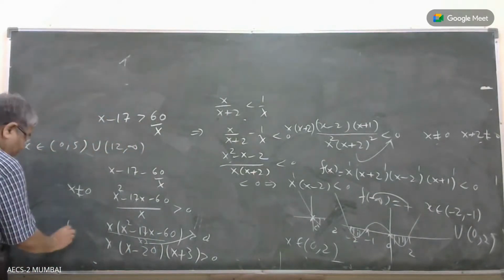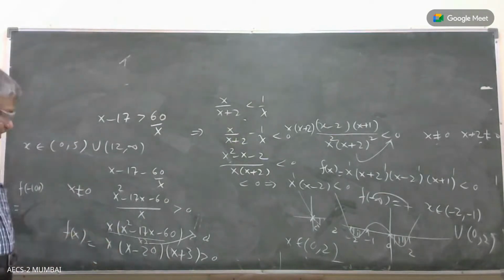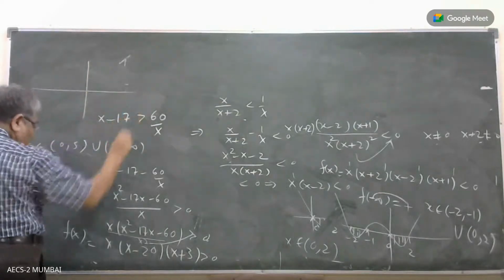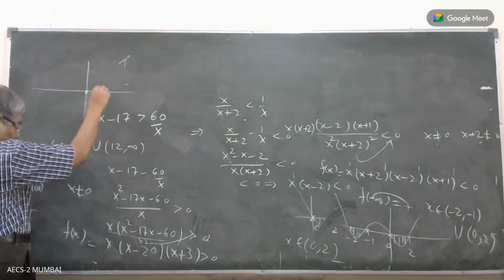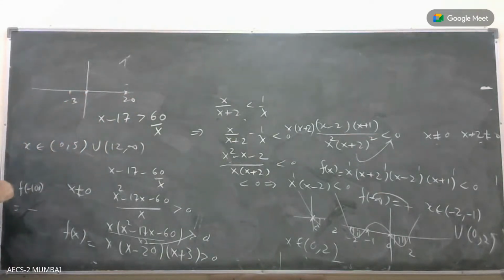Correct? Now you say f of x. So tell me, f of minus 10 will be what? Or f of minus 100 will be positive or negative? Negative. So it will start from the minus quadrant, the third quadrant. We start from the third quadrant. So this 0 and 20. Correct?